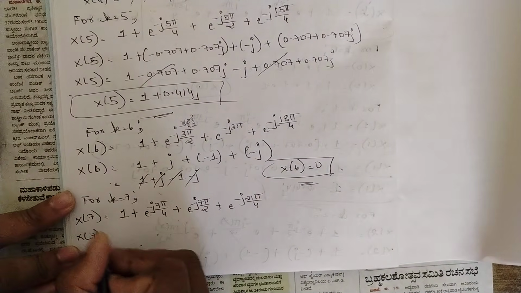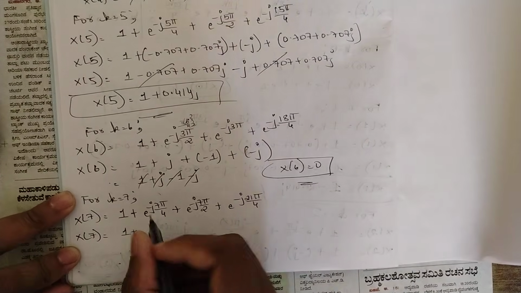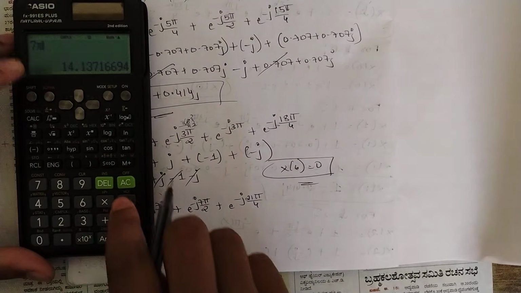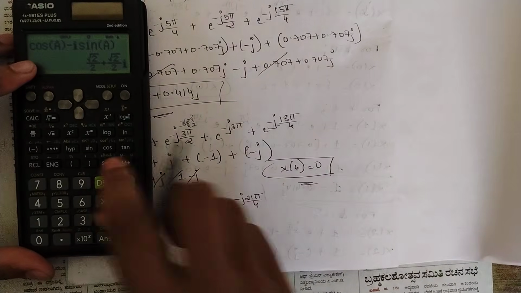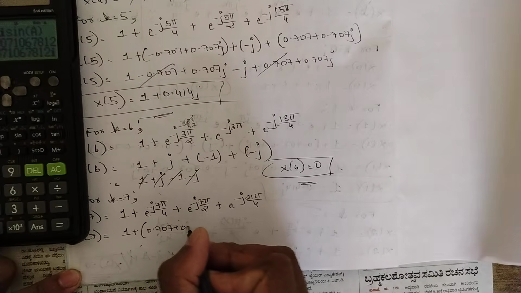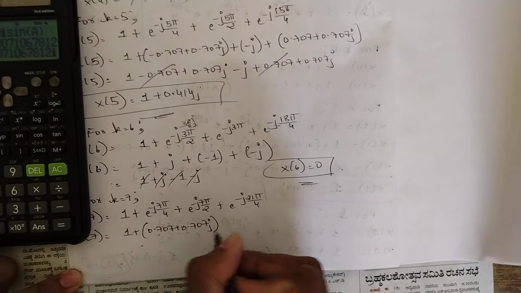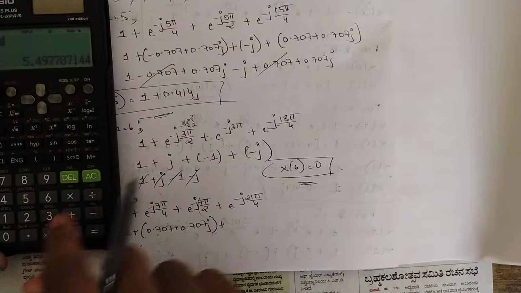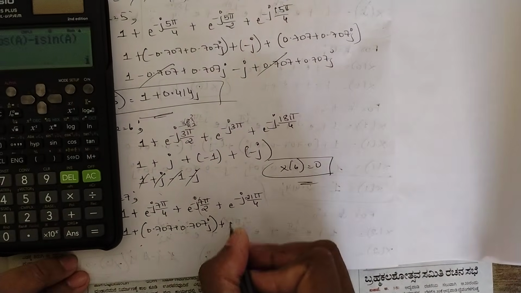So x of 7 is equal to 1 plus, so now in place of theta we have 7 pi by 4, that is 0.707 plus 0.707 j. Then we have 7 pi by 2, that is plus j.